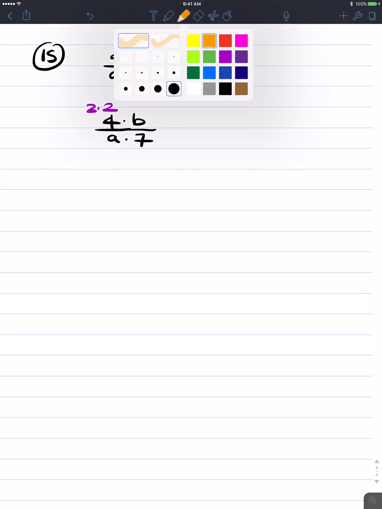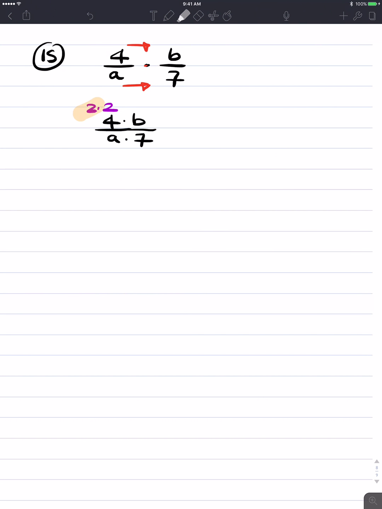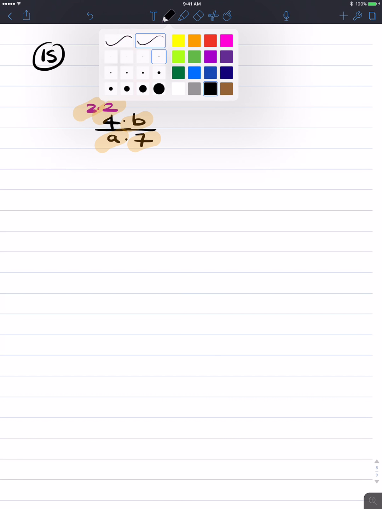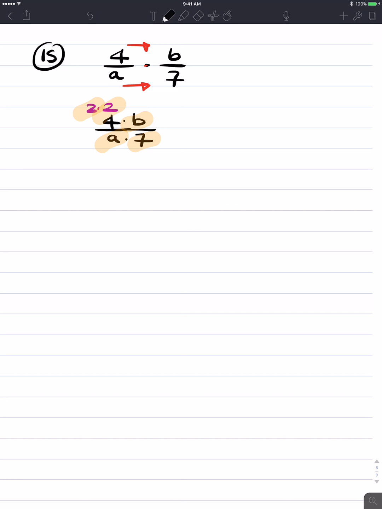So when we try to simplify or cancel the primes, let's notice that 4 written as a product of its primes is 2 times 2. B is thought of as a prime that we can't break down. We don't know the value. A is also thought of as a prime. We can't break it down. We don't know the value. 7 we know is prime. Notice that nothing cancels. That means we don't have the same prime on top and bottom.